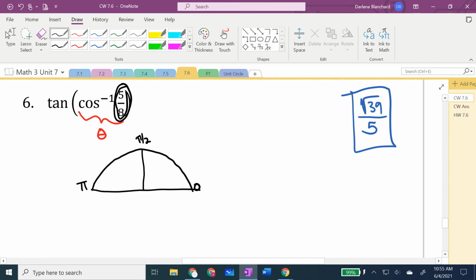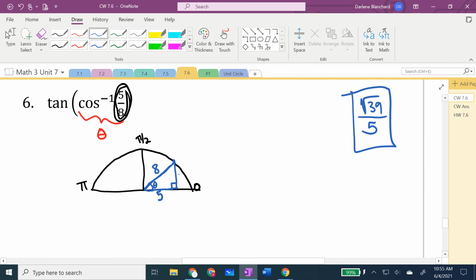Then you can draw a reference triangle or any triangle where you use the x-axis as part of the angle. The hypotenuse is the other part of the angle. Cosine is adjacent side over hypotenuse.